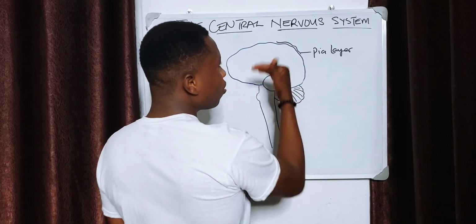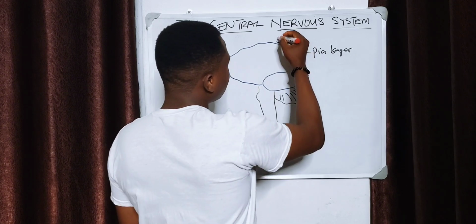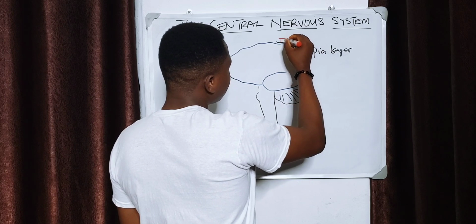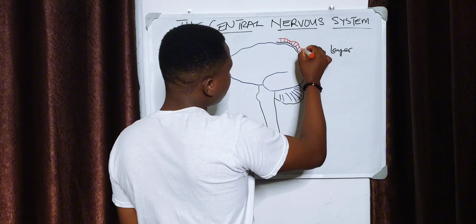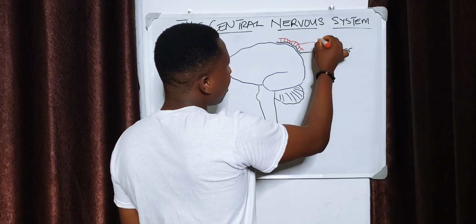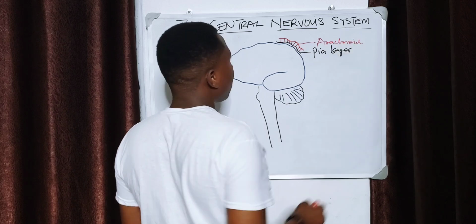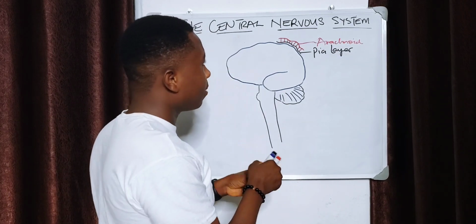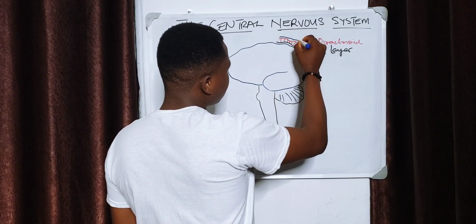Now, the second one that follows is called the arachnoid layer. It has a web-like structure. And we also have the last layer, which is characterized by toughness.